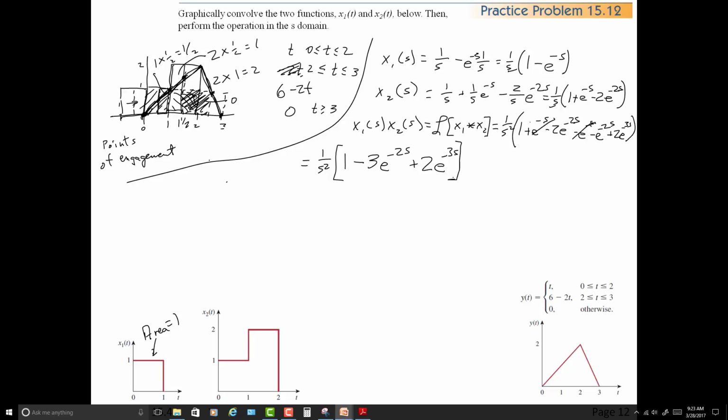Okay? So I'm already feeling good about this because I see 3 points in time identified. This is time 0, right? This is time 2, and this is time 3. And those are the key points in our graph. Something happens at 0, the slope changes again at 2, and it changes again at 3.